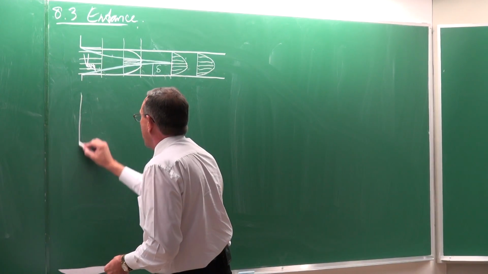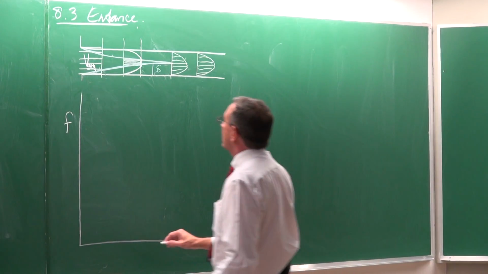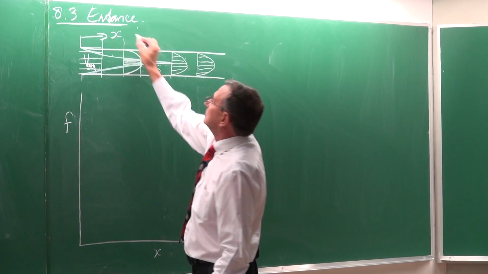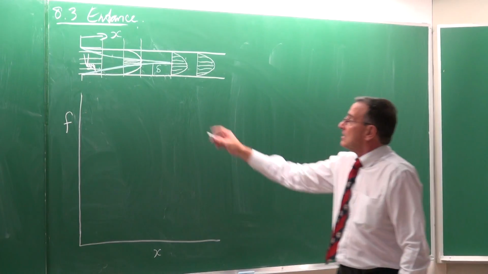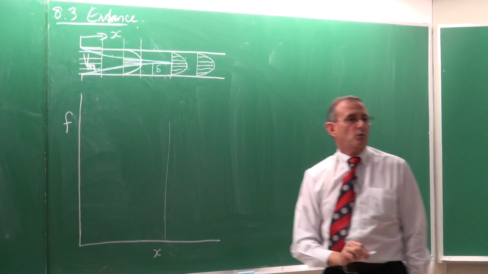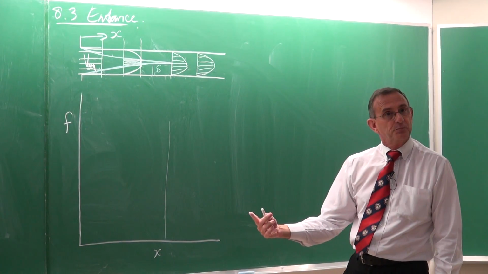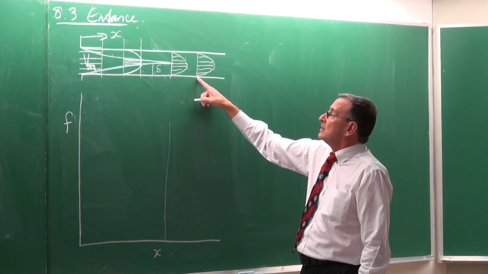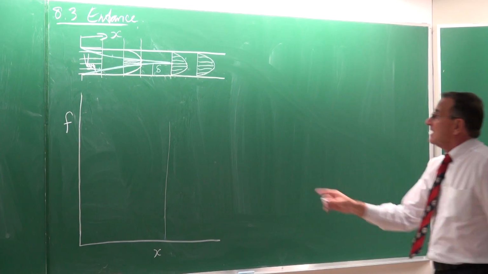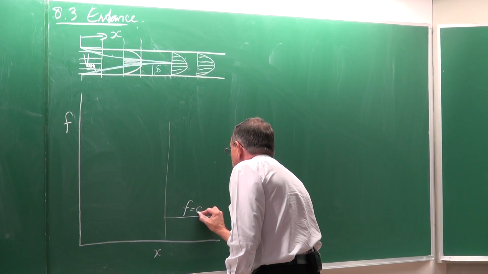If we go and plot now the friction factor as a function of x, so x is now measured from the inlet, then this point where the two boundary layers meet is a very important point, because it means from this point onwards the flow is fully developed. If it's fully developed, the gradient there at the wall is going to remain constant. It cannot change. It means that from this point onwards, the friction factor is a constant.